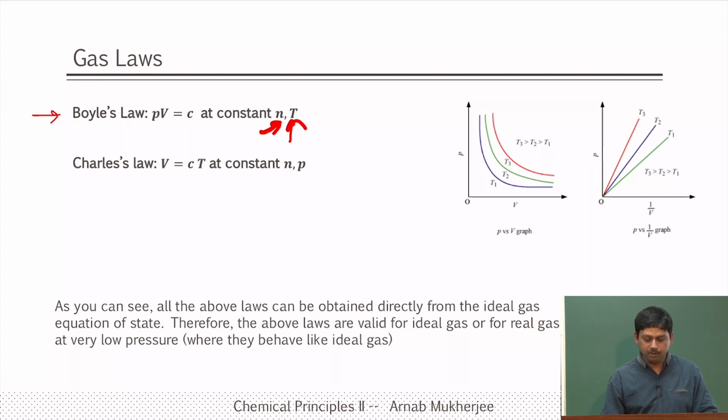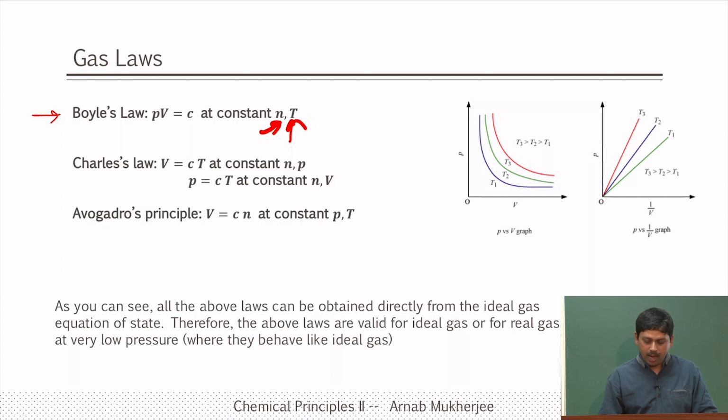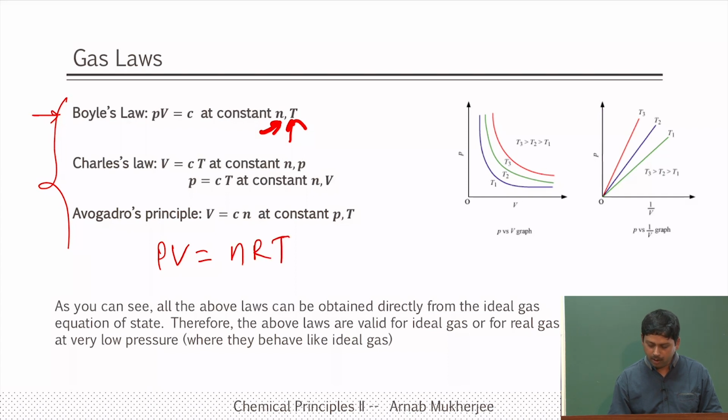Charles' law says that volume is proportional to temperature at constant number of moles and pressure, and then Avogadro's principle is that volume is proportional to number of moles. Now, if you put all that together, from all these three one can get PV equal to nRT or PV bar equal to RT.